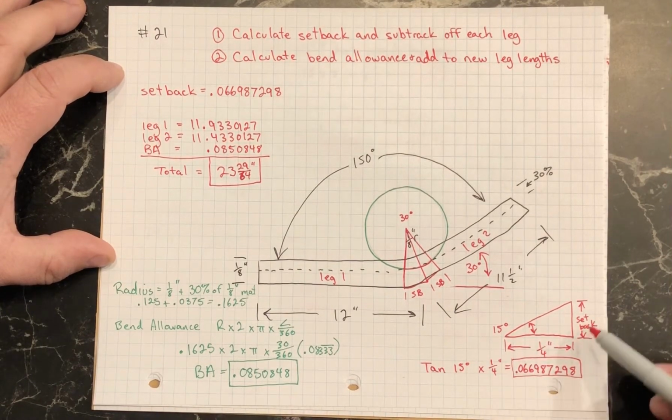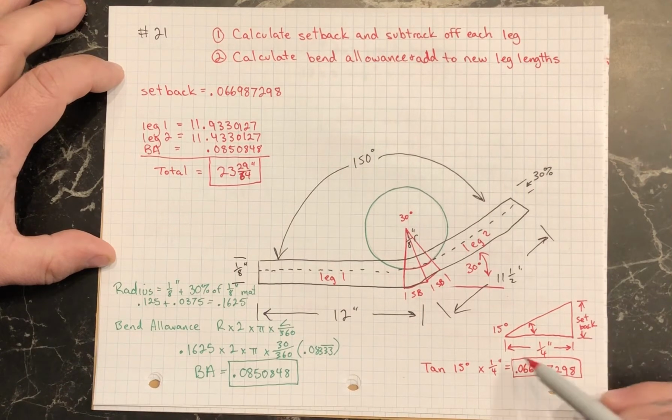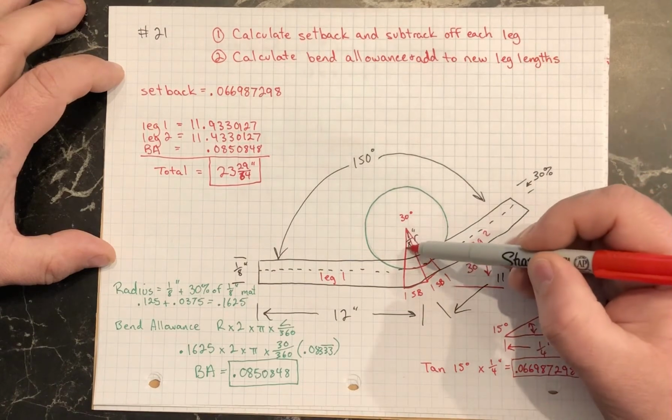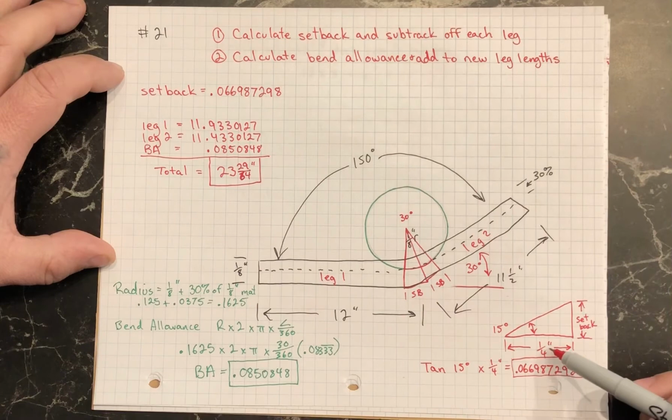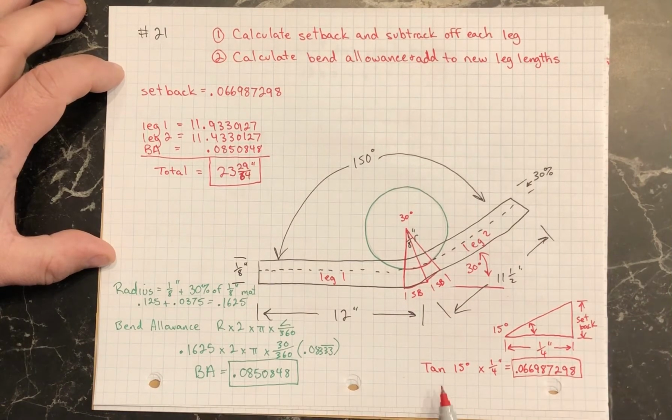At 15 degrees, the setback is the opposite side, and the adjacent is 1/8 plus 1/8 material thickness, so 1/4. So tan 15 degrees times 1/4 inch gives us this long decimal, 0.066987298.